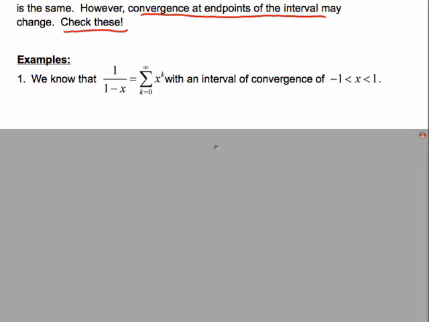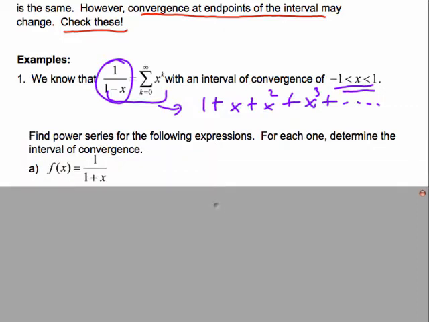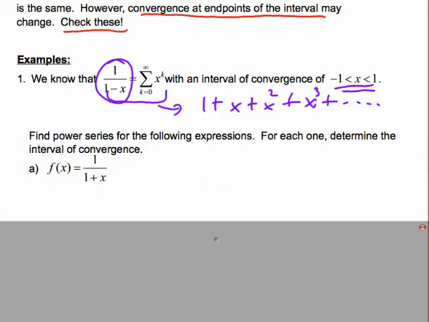So we know from our studies this particular series, which if I write the first couple of terms out would be so, and that's equal to this on this interval of convergence. So what I want to do now is I want to use that known series and find the power series for this function. Well, what I'm doing going from this function to this function is replacing x with negative x. In other words, I'm doing a substitution.